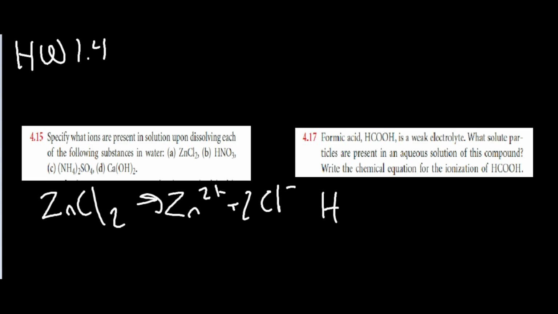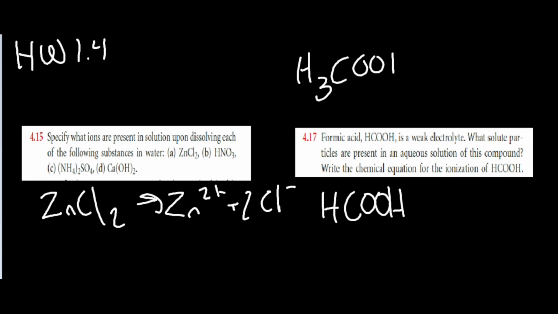HCOOH is an acid, and you'll see compounds with this odd shape a lot in chemistry, but all it is, is that you just break this up into the body and then the H.